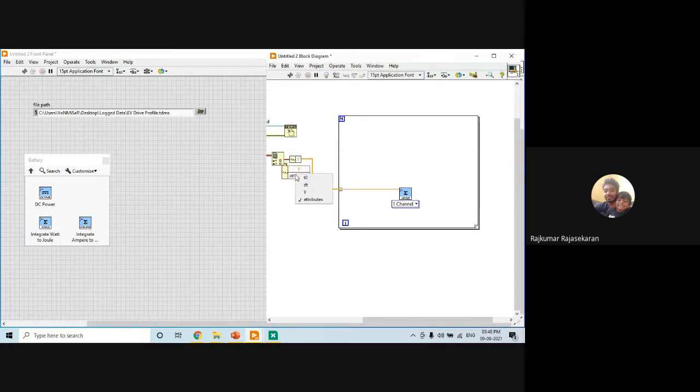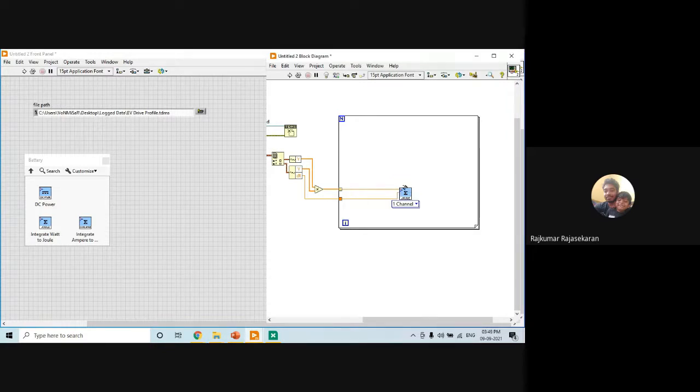So I just go one level below and fetch dt, and that's the value of the interval. So every 0.2 seconds I acquire the data. This is the time period, and this is the value of the watt at that instance. So we use this function to integrate it so that the integration will happen.